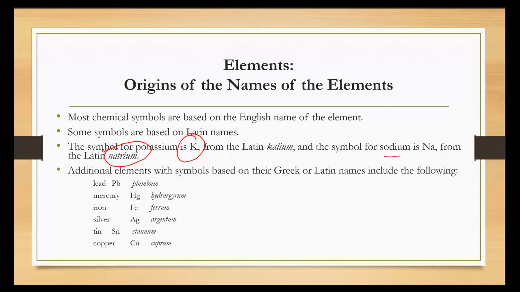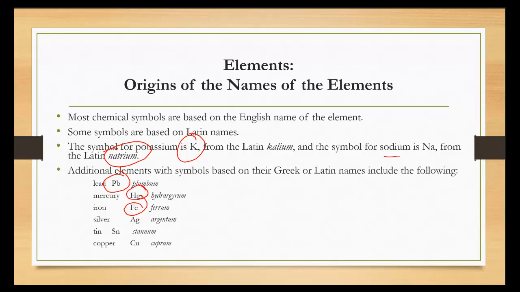Notice that every single time there's two letters, the first letter is capitalized, the second letter is lowercase. That also becomes important because it helps you to identify which element we're referring to.